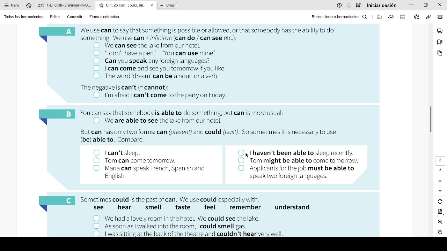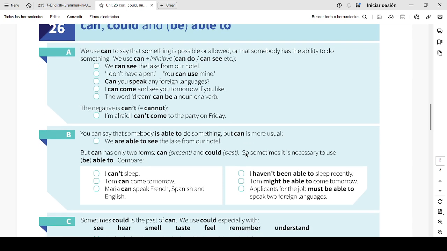So if we want to express something that we can do, or ability, in different tenses, we need to use be able to. Next one: Tom can come tomorrow, and Tom might be able to come tomorrow.